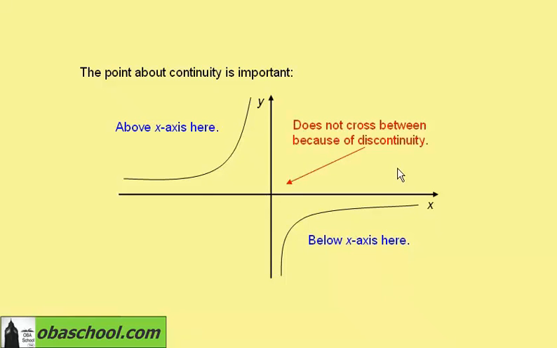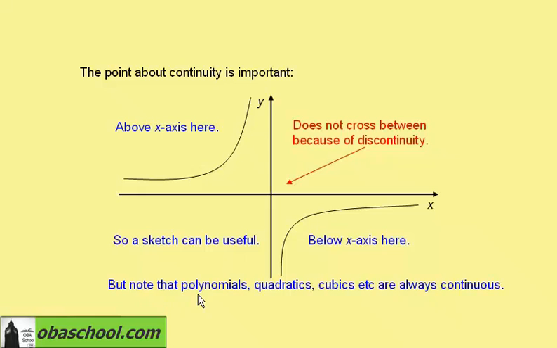This is because if there's a discontinuity, the curve can go off the top and come back in the bottom. Think of some other curves that do this, such as y equals tan x. A sketch can therefore be useful. You should know whether or not the curve is continuous before you apply this technique.